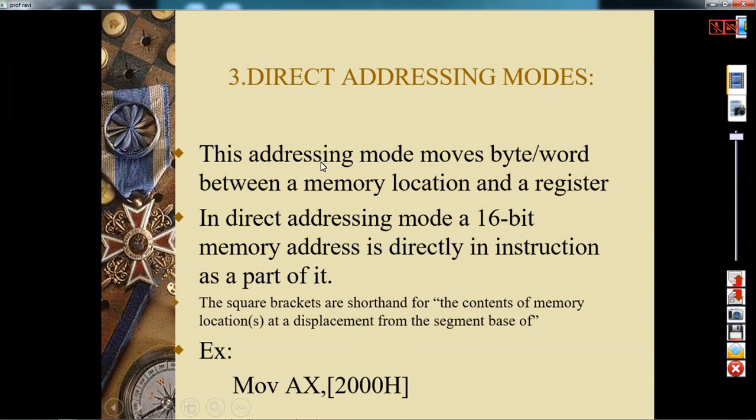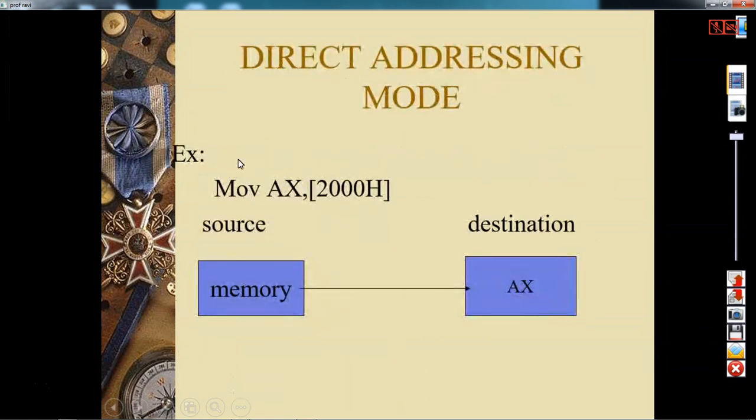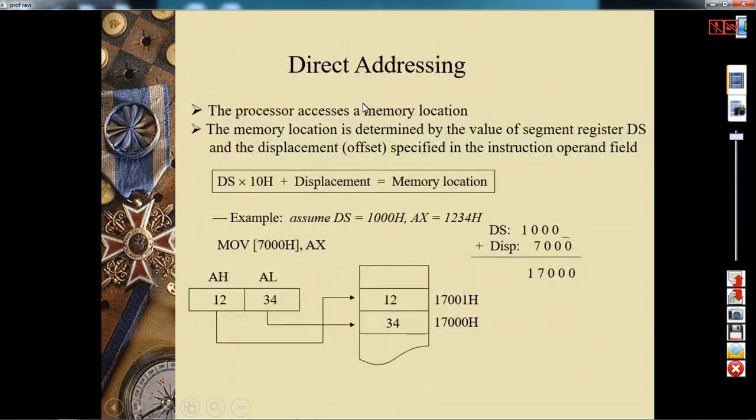So this is what the direct addressing mode is. Here the source is memory and the destination is a register. This kind of way of locating addresses is direct addressing mode.